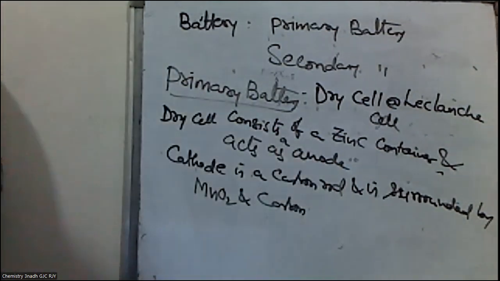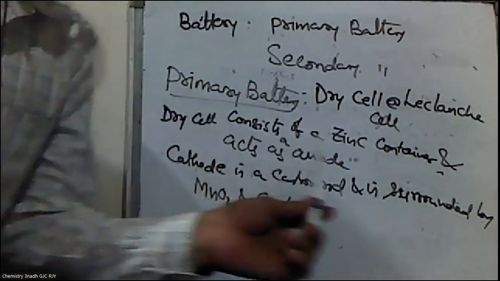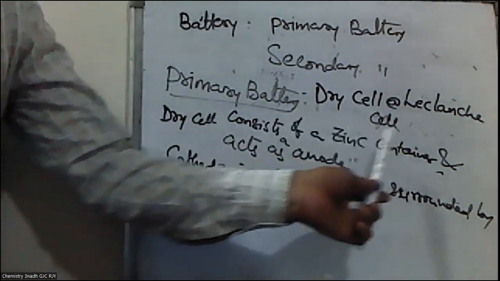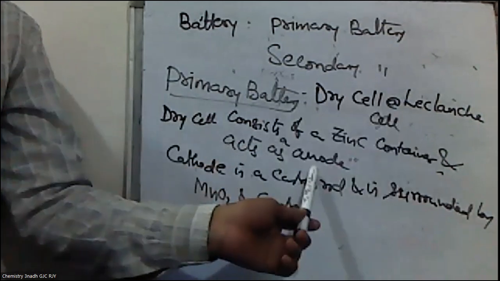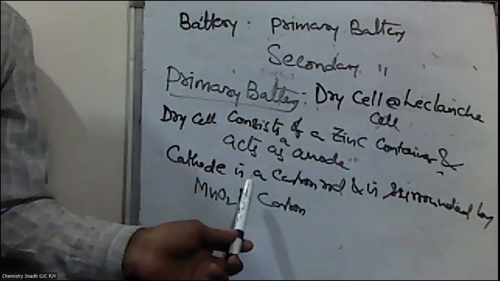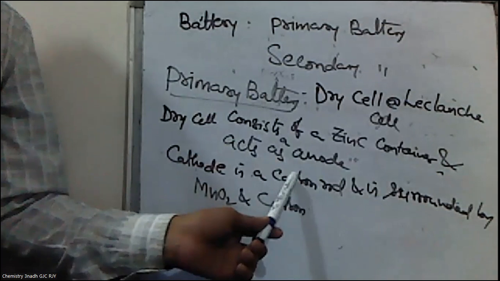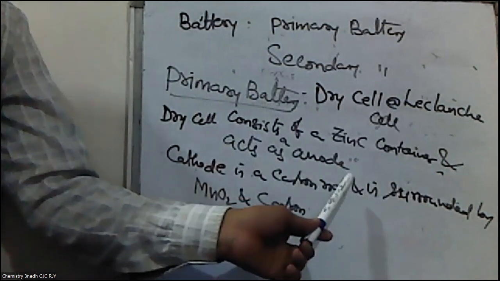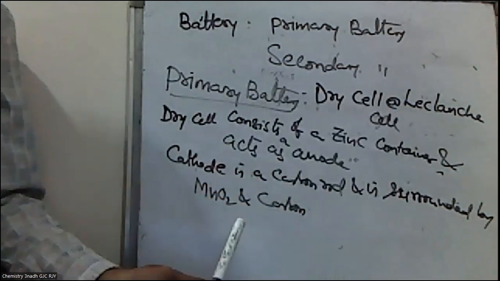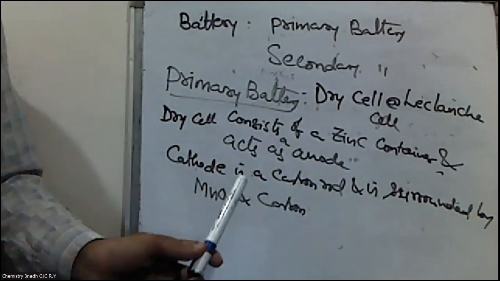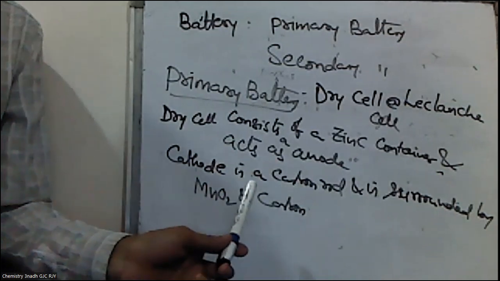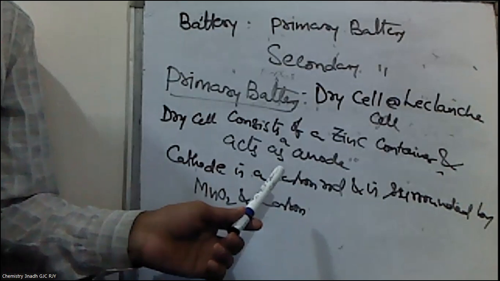See, in this dry cell, there is a zinc container which acts as the anode, and the cathode is a carbon rod, surrounded by manganese dioxide and carbon.